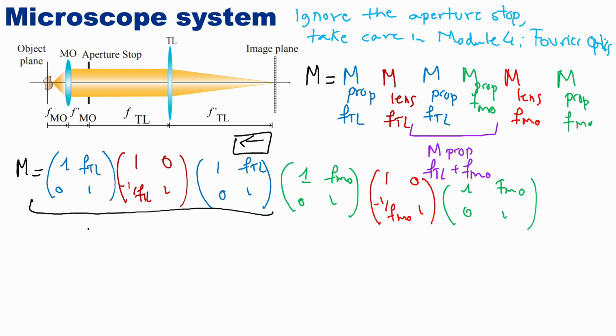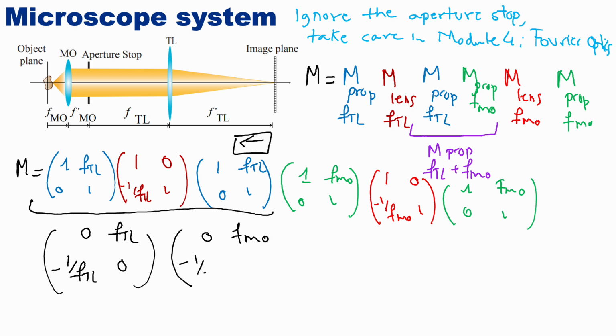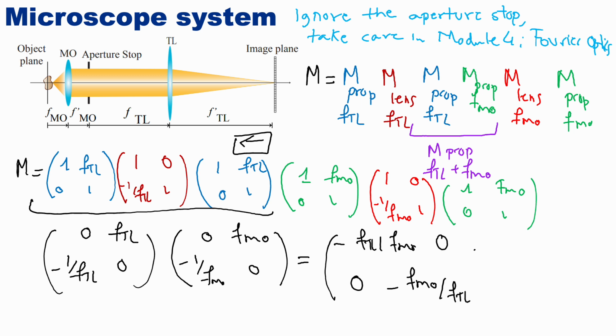So this is going to be 0, FTL, minus 1 over FTL, 0, and because we have completely the same replica, we're going to have 0, FMO, minus 1 over FMO, 0. So our matrix is going to be minus FTL over FMO, 0, 0, minus FMO over FTL.